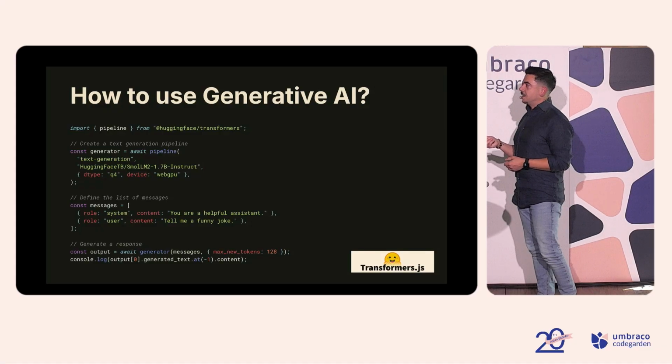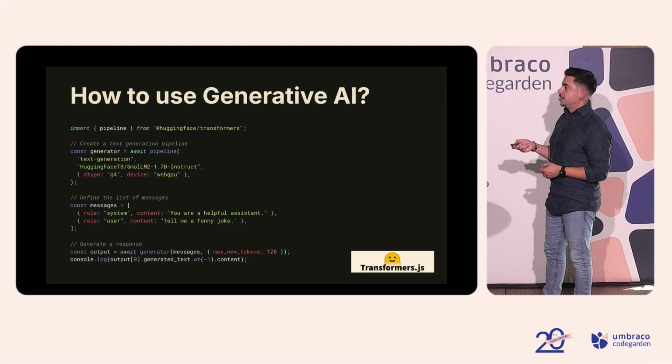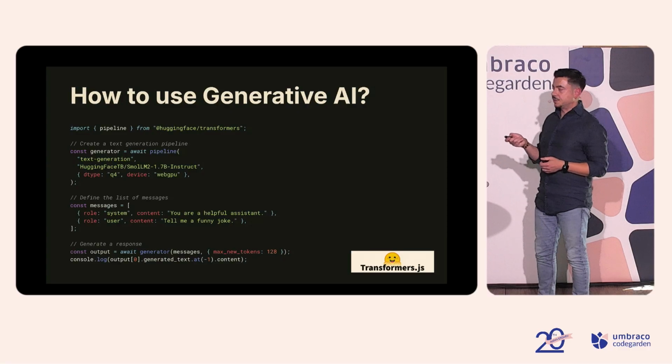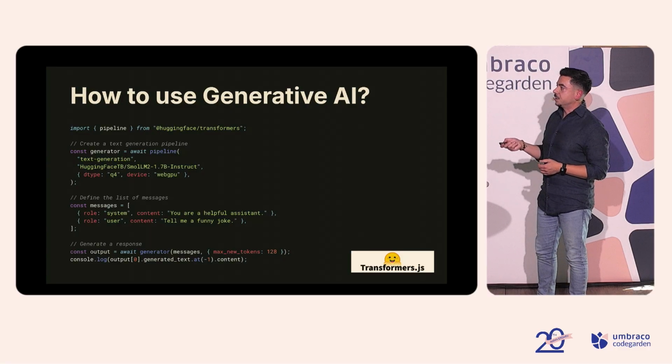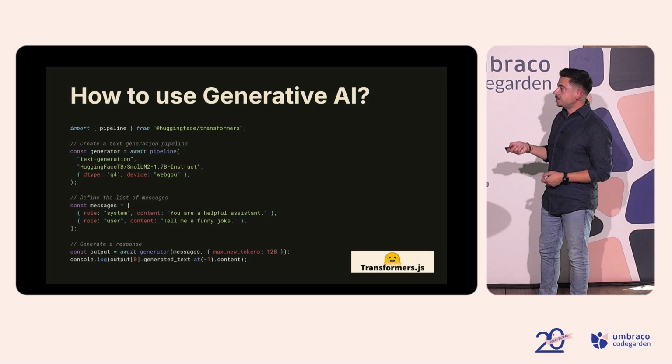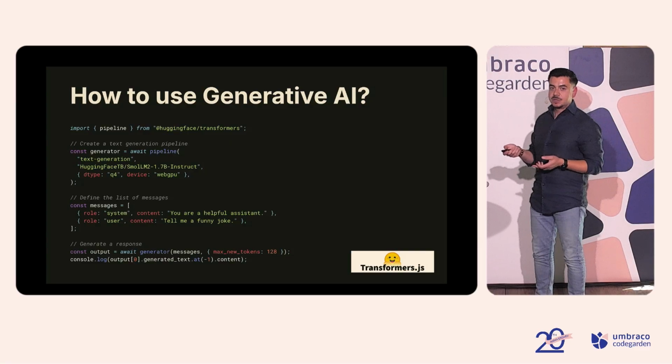Here we see 1.7 billion parameters of size model. And we are also aiming for 4-bit quantized variation of this. And we want to run it on WebGPU. And here, I'm prompting this with system role. System role, you're a helpful assistant. And the user prompt is tell me a funny joke.